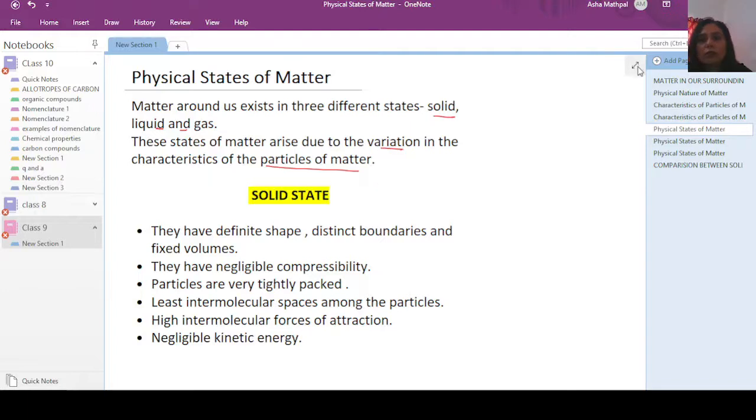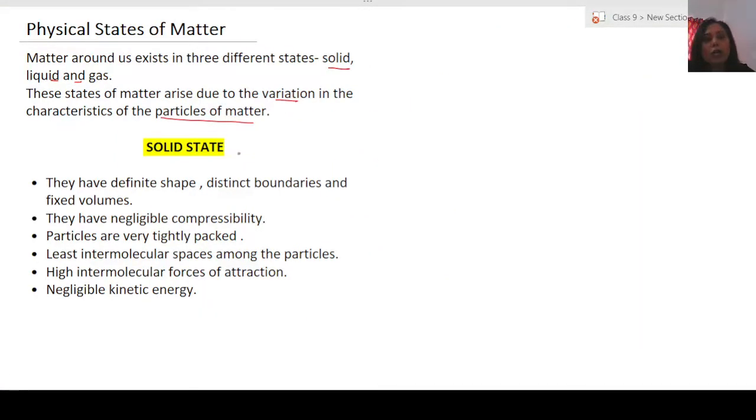So let us start with the solid state. If I ask you to give an example of things around us which are in the solid state, you can say pen, pencil, notebook. Okay, so these are all in the solid state.